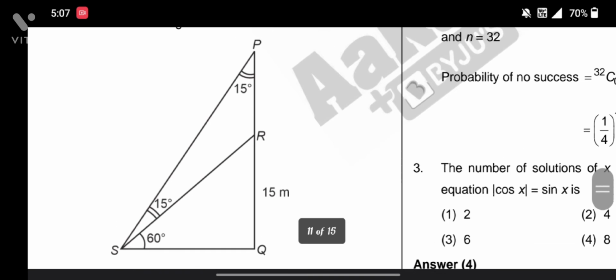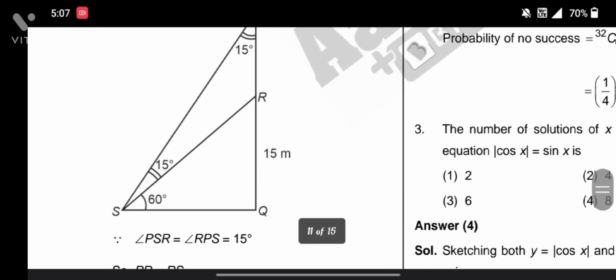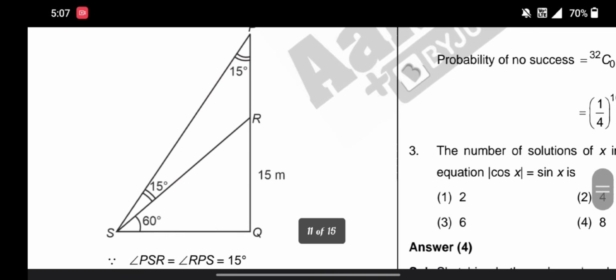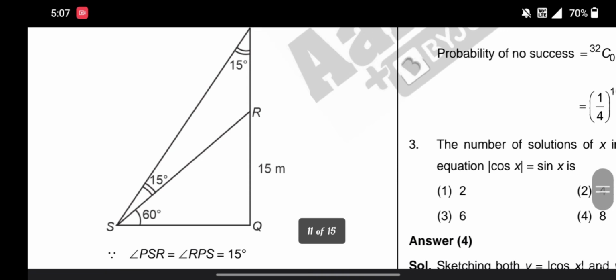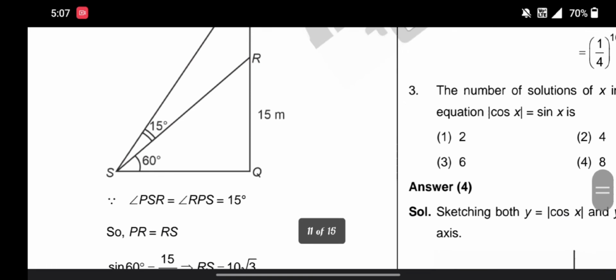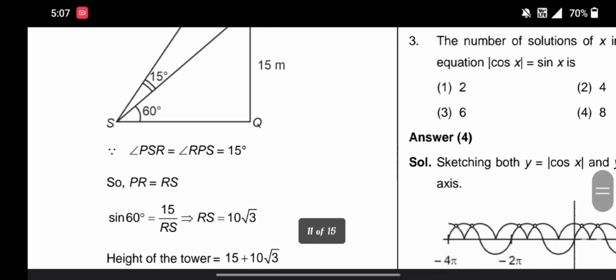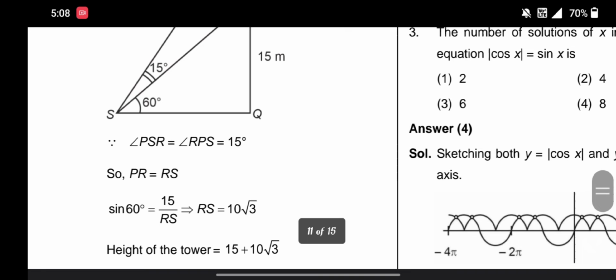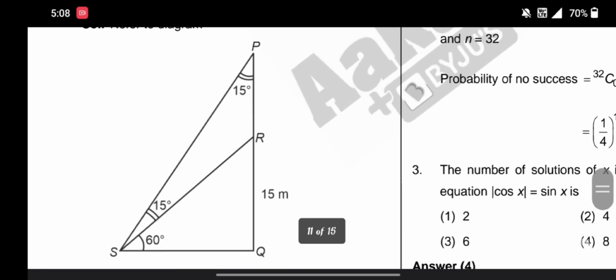Also you can say PR is equal to RS, because both are 15 degree. Next, in the triangle, sin 60 degree is equal to 15 by RS. Then RS will be, by the formula, 10√3.